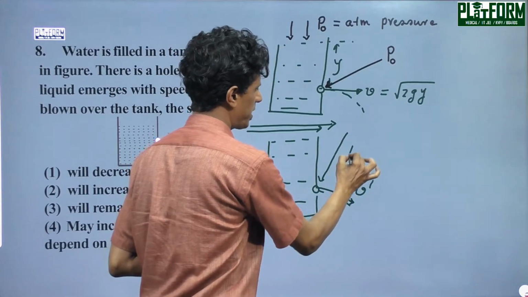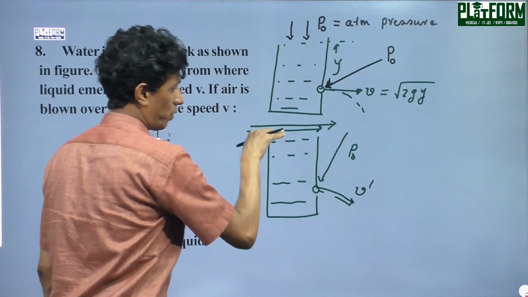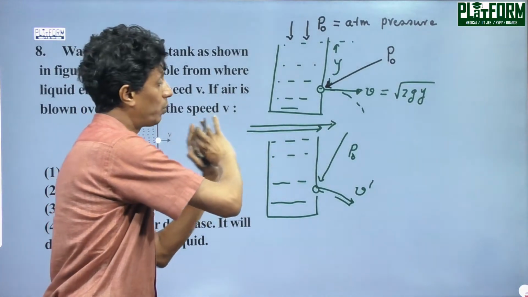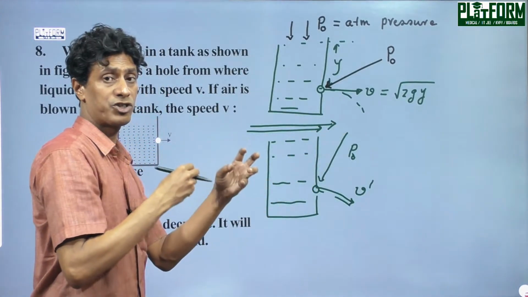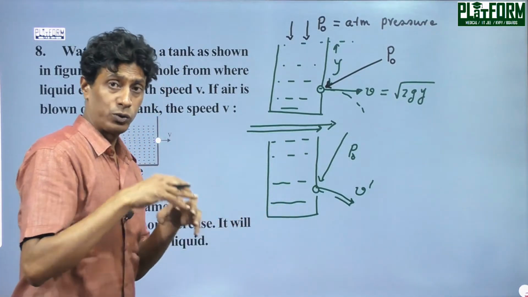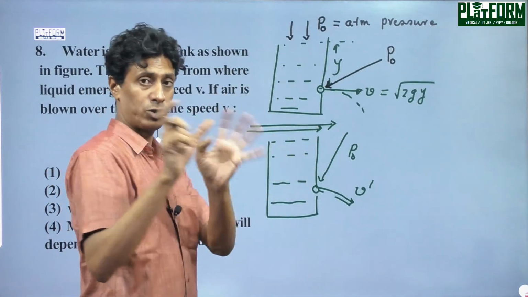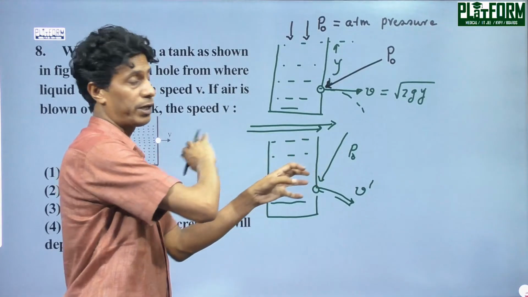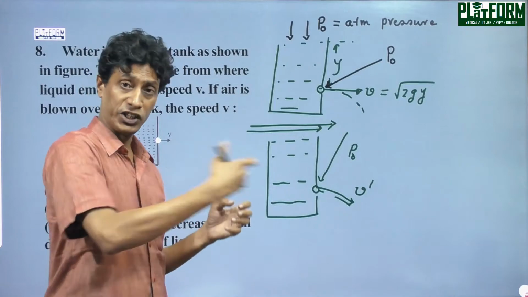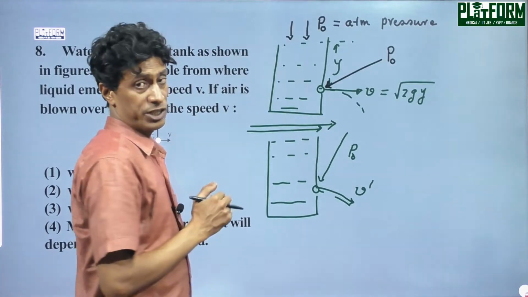Atmospheric pressure is P naught, but the pressure over the liquid surface, since the air is blowing over it, changes. According to Bernoulli's theorem, total energy is constant. Since the kinetic energy of the air per unit volume increases, the pressure energy decreases.